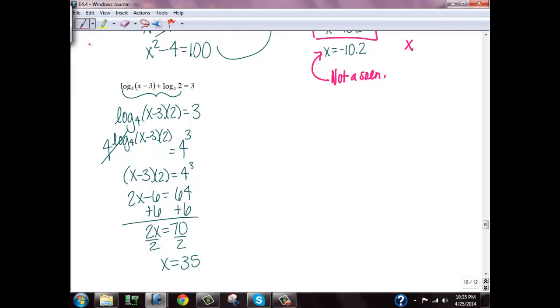Now again, I did have one inside number with a variable, so I need to go ahead and make sure I check my solution to make sure my quantity x minus 3 stays positive. If I plug in x equals 35, 35 minus 3 is 32, so it works. So we're good.